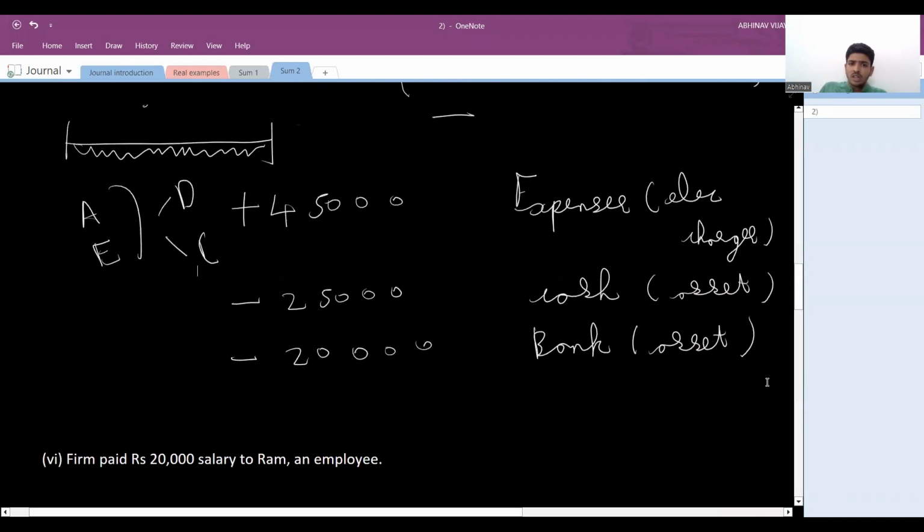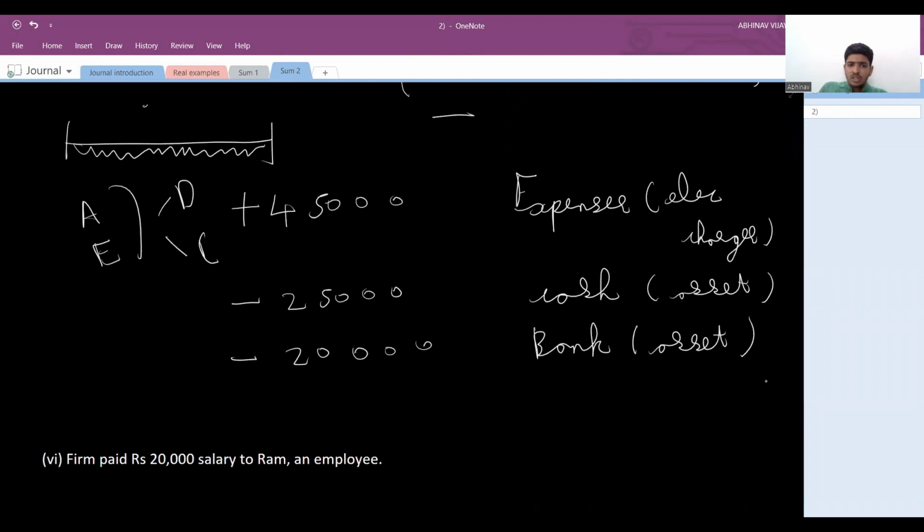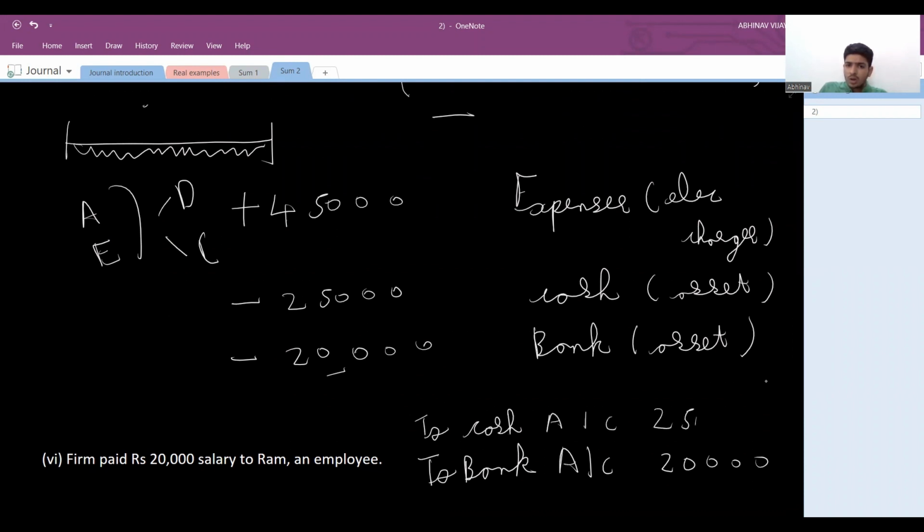Correct? Now here, let's start from here. Start from anywhere, just finish it fully. By bank so that it tallies. To bank account 20,000. Why? Bank is an asset. An asset decreases, will be credited. Then cash is an asset. When asset decreases, will be credited. Electricity charges is an expense.